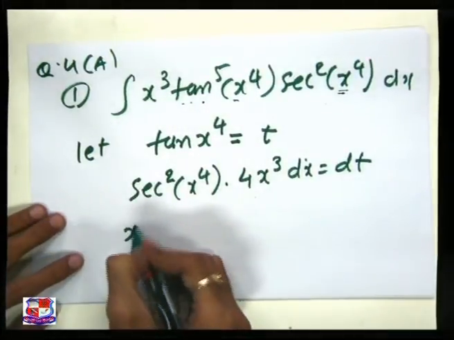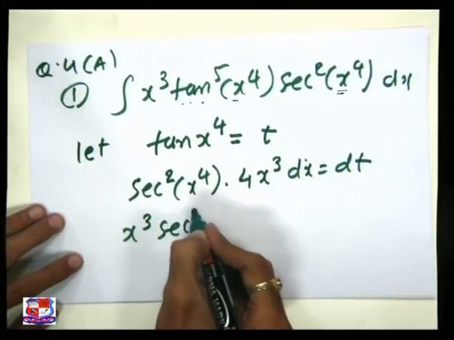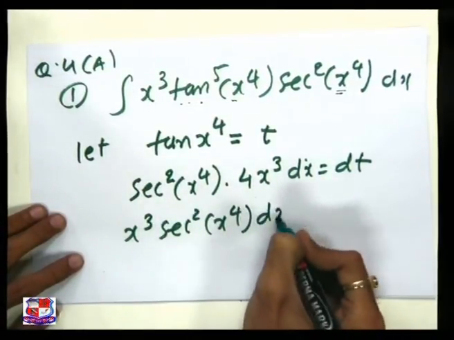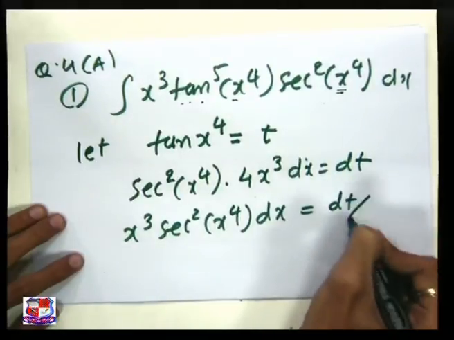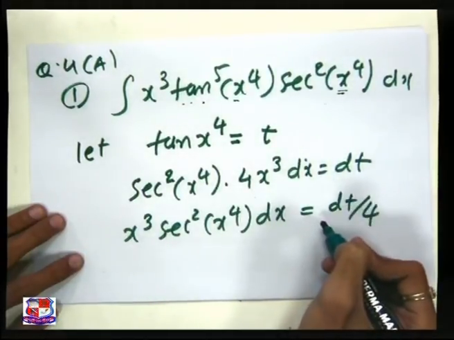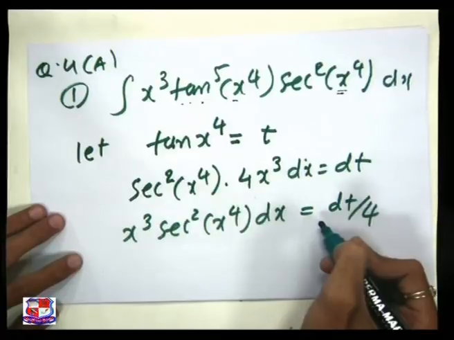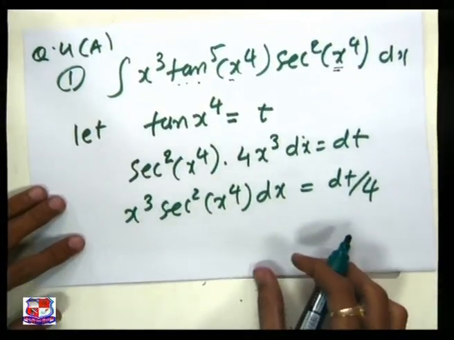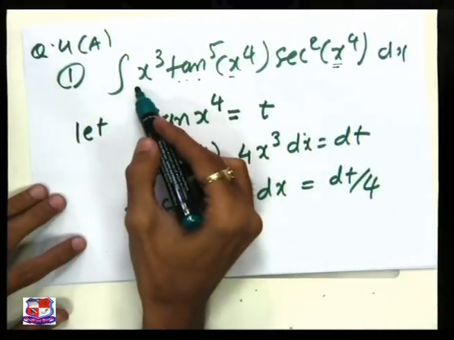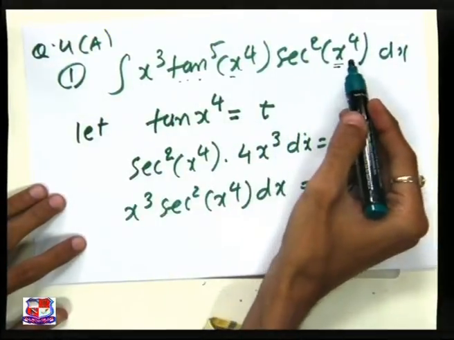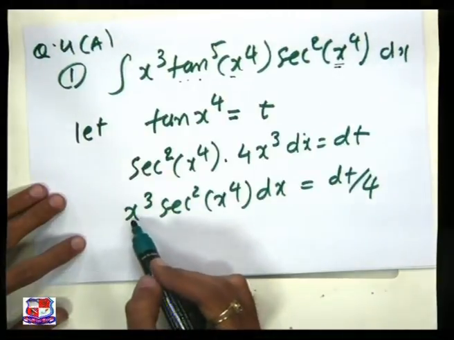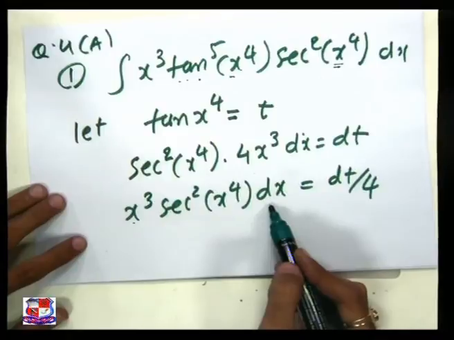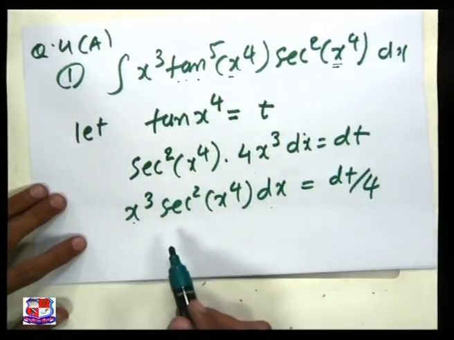So x cube into sec square x raised to 4 into dx is equal to dt upon 4, right? So we put x cube into sec square x raised to 4 into dx equal to dt upon 4.